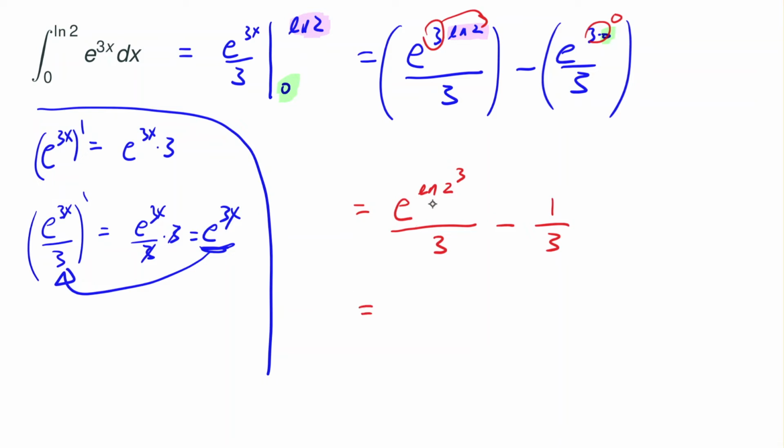And then e and ln are inverse functions of each other, so they cancel out. So the numerator simplifies to just 2 to the 3rd. That's why we rewrite it that way. So 8 over 3 minus 1 over 3 is 7 over 3. So this is the final answer for this problem.